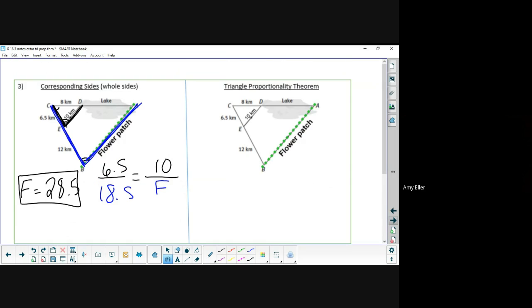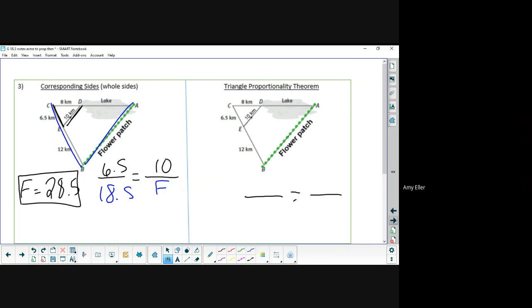Let's try this one using the shortcut. So let's write your proportion. Let me remind you again what we did the first time. We did small triangle to a whole side of the large triangle. Back to the small triangle, a whole side of the large triangle. For the shortcut, you get to just pick little parts.